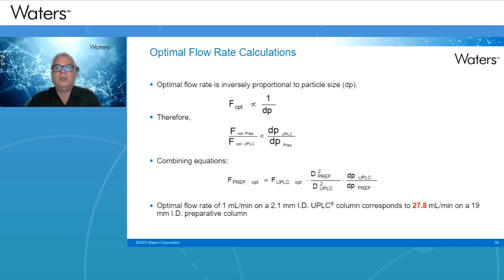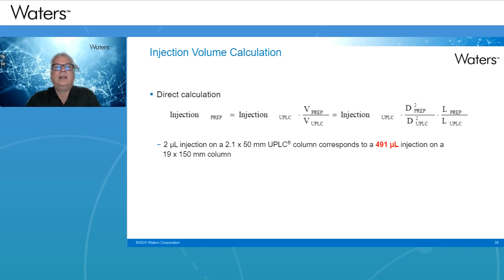Okay, so from 1 to 27.8. Remember that 27.8. Now for the injection, I was injecting 2 microliters on my small column. I will be able to inject almost 500 microliters on my 19 by 150. So that will be the equivalent volume.